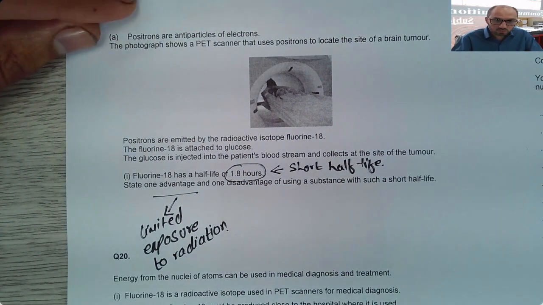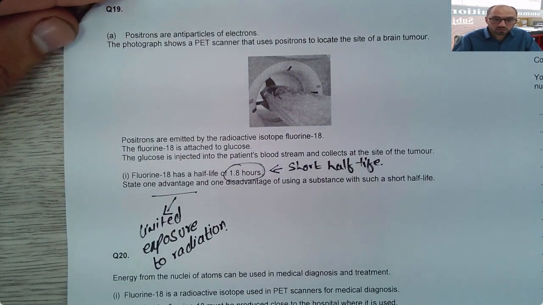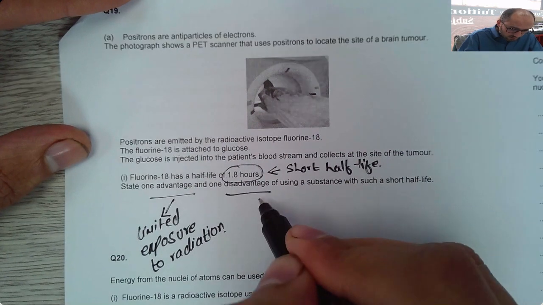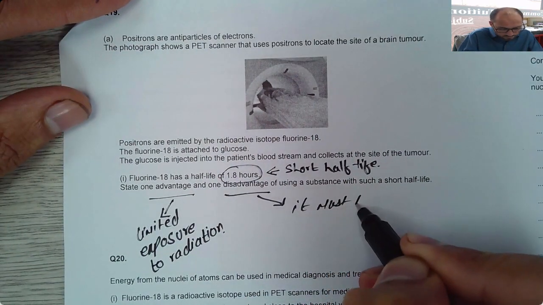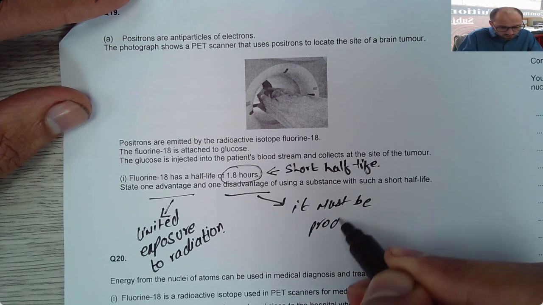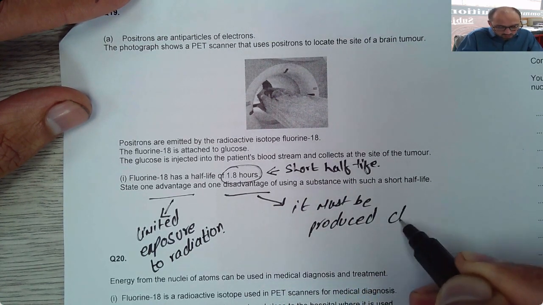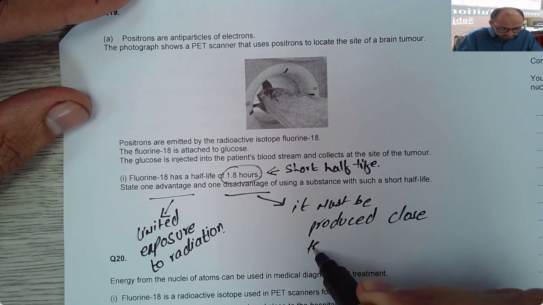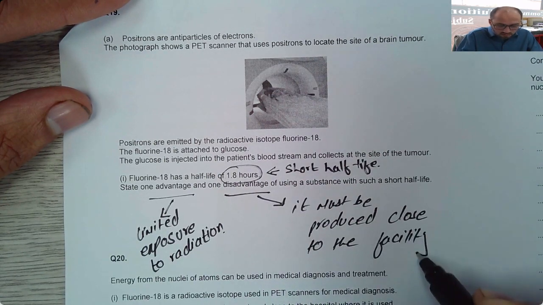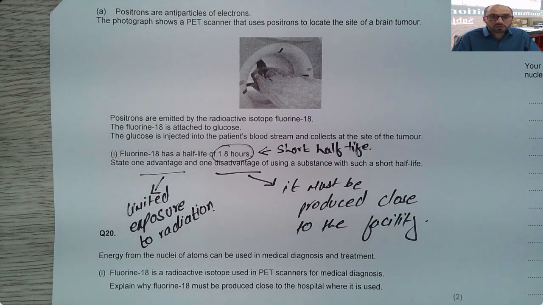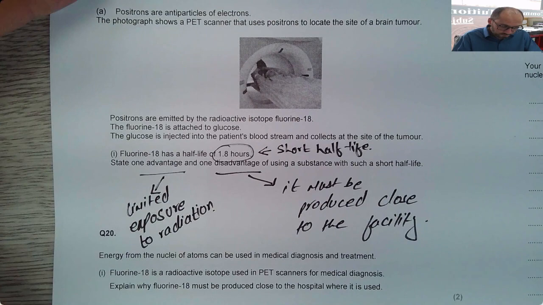So the patient will be exposed to radiation for a limited duration of time. The disadvantage is that it must be produced close to the facility. Otherwise the activity will fall very low and then this isotope may become useless.